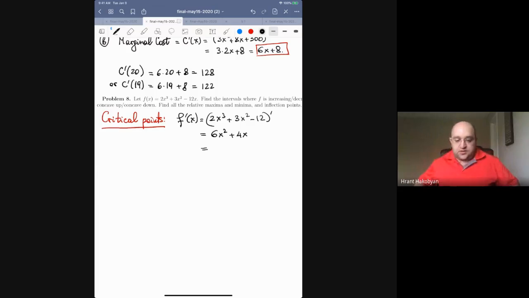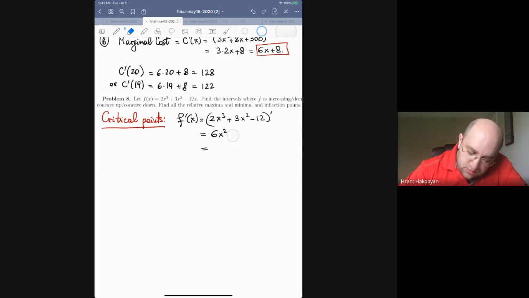Okay, so the derivative here is equal to, so we can factor a 2 here and an x. Oh, I did something wrong here, sorry. This is wrong, right? So I'm going to add 3 times 2x, so it's again 6x.